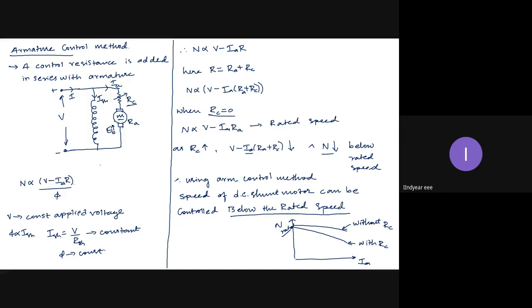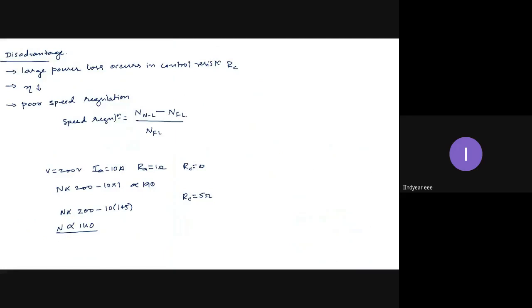With armature control, I control below the rated speed. Because the speed variation is large below the rated value, it suffers from poor speed regulation. So this is all about flux control and armature control methods of speed control for a DC shunt motor.